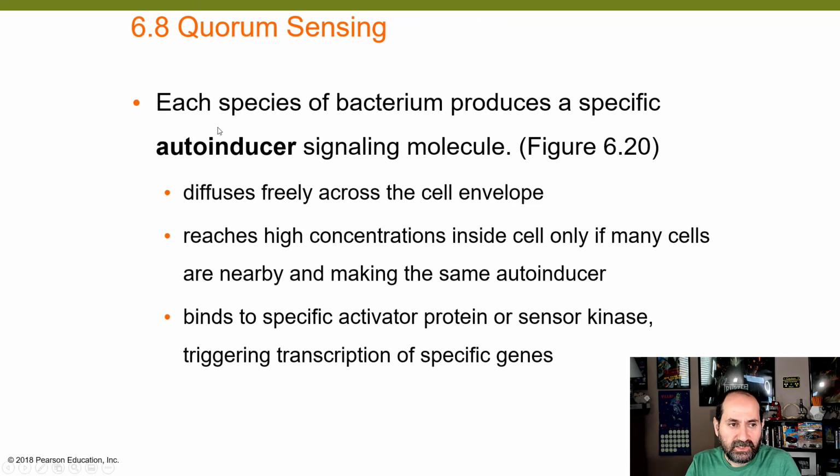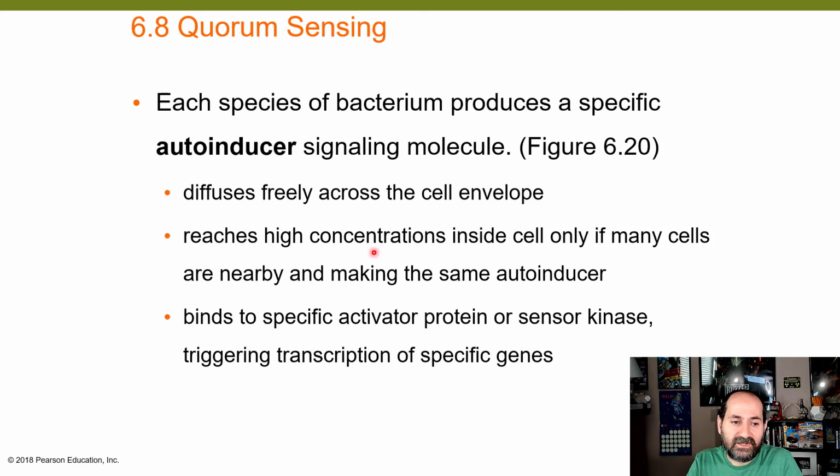Quorum sensing works because each species of bacterium that's able to do quorum sensing, not all bacterium can do quorum sensing, by the way, produces a specific autoinducer signaling molecule. This is a molecule that each bacteria can release into the environment, and other bacterium in the environment can sense that molecule. So this molecule diffuses freely across the cell envelope into the environment.